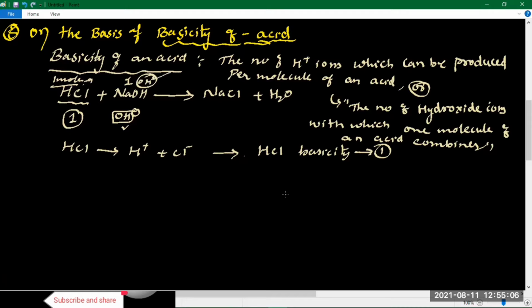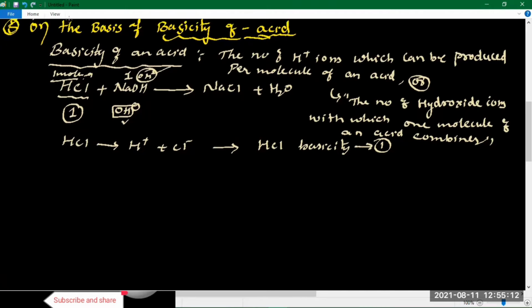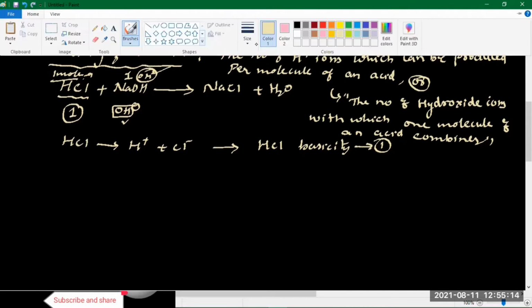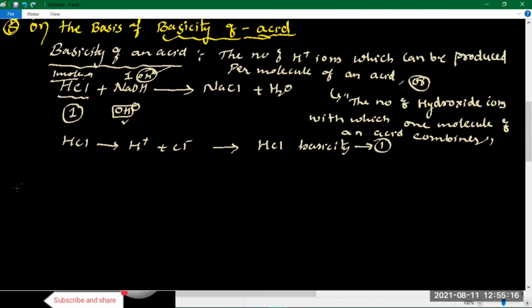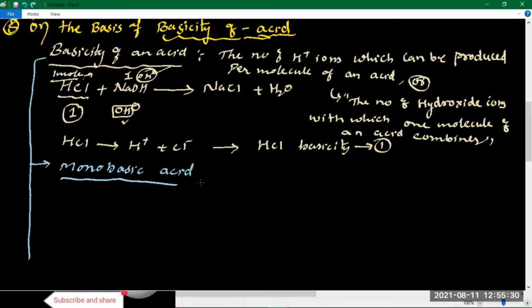So based on the basicity, we have classified the acids into 3 categories: monobasic acid, dibasic acid, and tribasic acid. What is a monobasic acid?